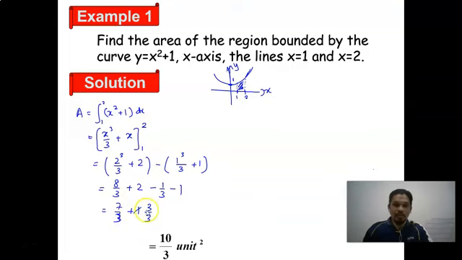So 7 plus 3 equals 10 over 3 unit squared. There you go.